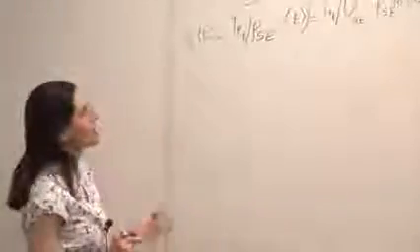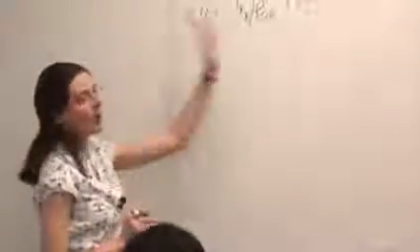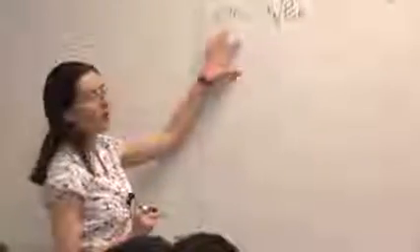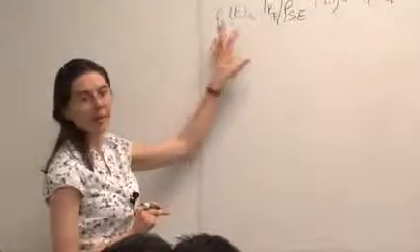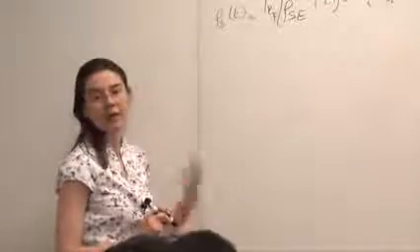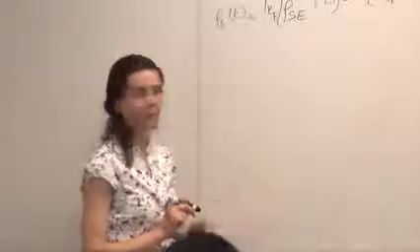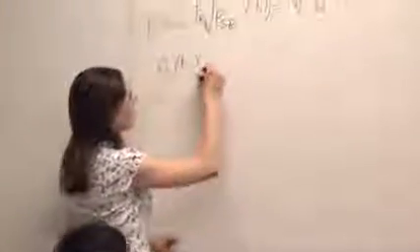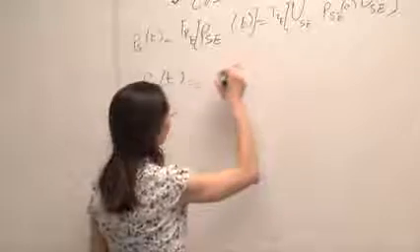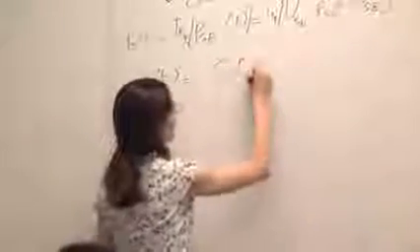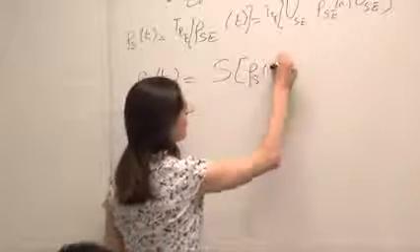So I would like to have a description of my evolution which bypasses the environment and will just give me directly what my density operator at the time t is, as a function of just what the system was at time 0. So what I would like to have is rho_S(t) as some functional of rho_S at time 0.